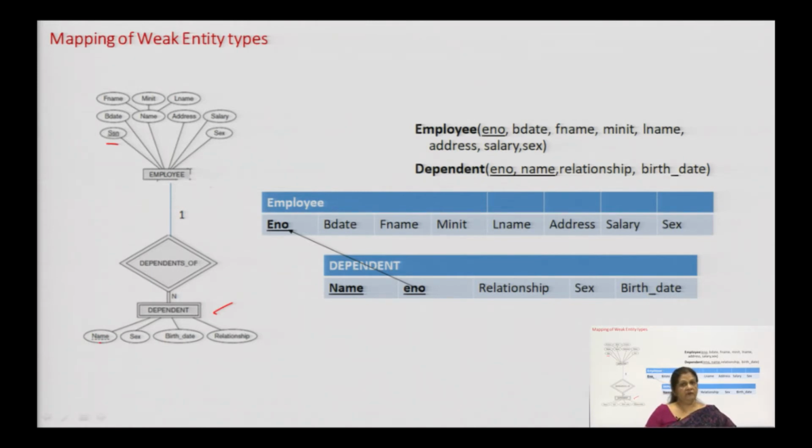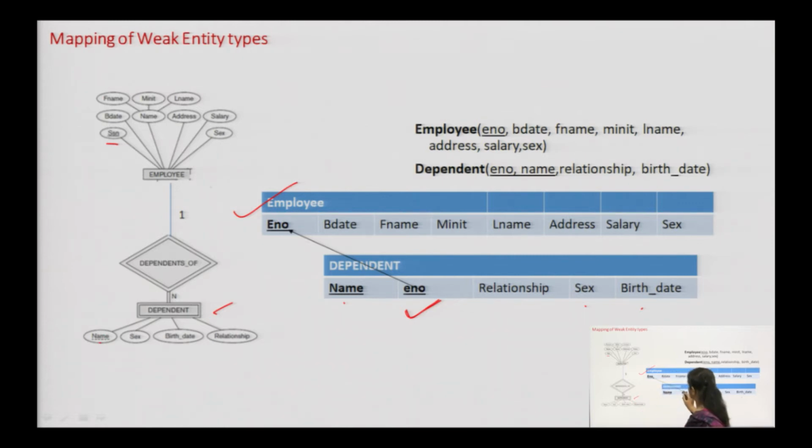Now, we will map employee as a regular entity type, which we have done over here, and for the weak entity type we will create a relation with all the attributes of the weak entity type, that is, we have name, we have sex, we have relationship and we have birth date, and in addition we will include the primary key of the corresponding strong entity type as a foreign key.